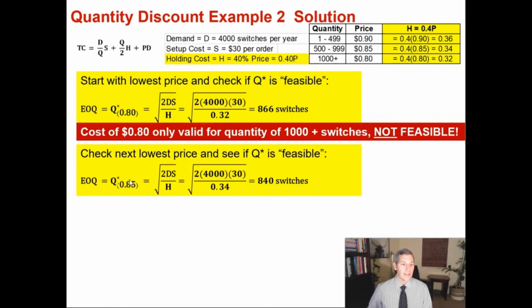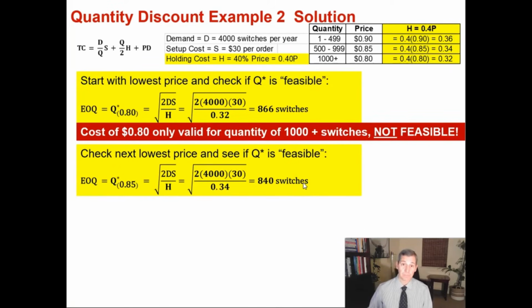So for 85 cents, our annual demand stays the same. Our setup cost stays the same, but our holding cost changes now to 34 cents because we're buying them at 85 cents. So now we calculate out that our economic order quantity is 840 switches.